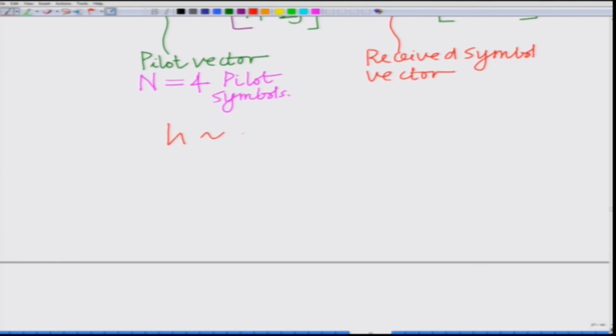the channel coefficient H with a prior density that is complex normal, with mean 1 plus j and variance 1. So mu h equals 1 plus j and sigma h square equals 1.